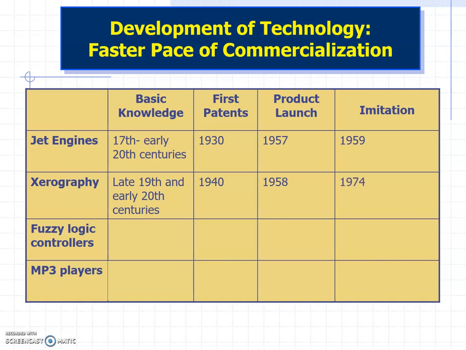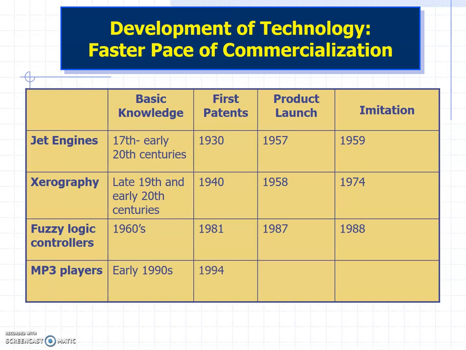It seems like they probably had some strong protection of that technology. Fuzzy logic controllers: the basic knowledge is from the 60s, first patents 1981. Product launch 6 years later. Imitation 1 year later. MP3 players: basic knowledge is from the early 1990s.